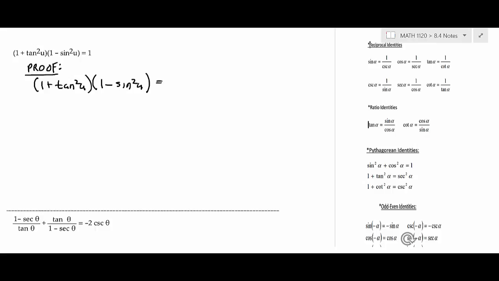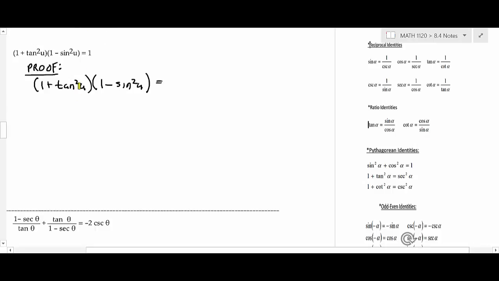Okay? This thing right here, what is 1 minus sine? Based on that identity, what is 1 minus sine? It's a cosine squared, right? Tangent squared plus 1. Look at that, it's right there. What is 1 plus tangent squared? It's secant squared. So instead of FOILing, I'm going to observe this thing.